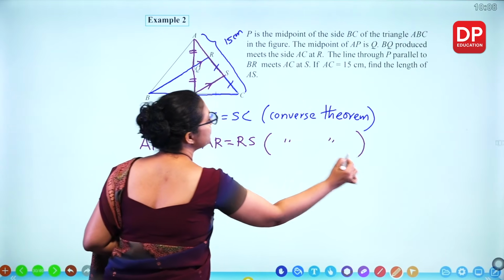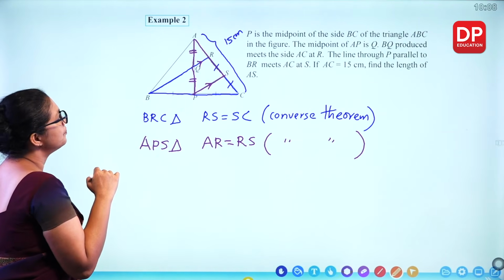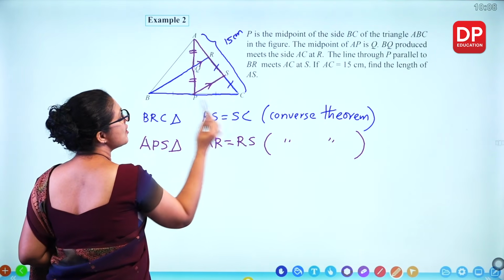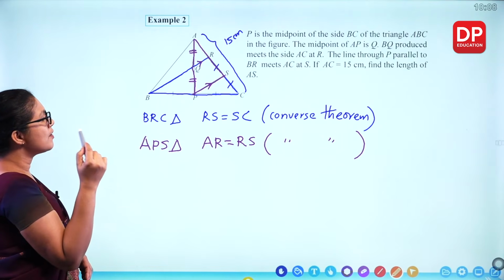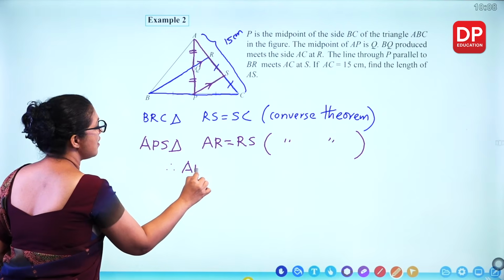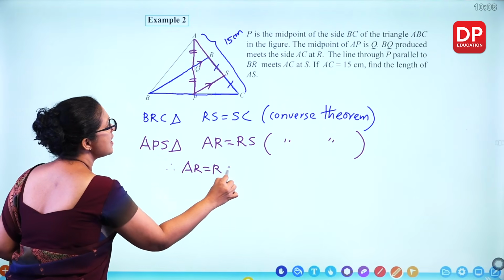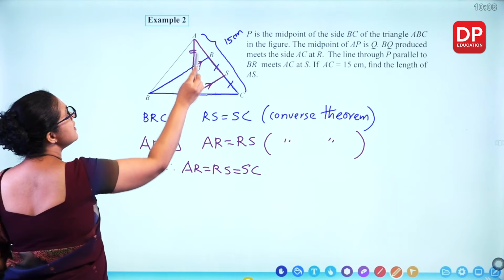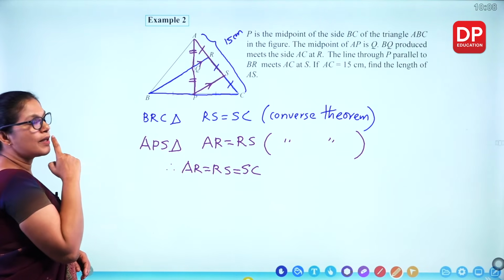Then we know RS is equal to SC, and RS equals AR. So therefore AR is equal to RS, that's equal to SC. All these three lengths are equal.